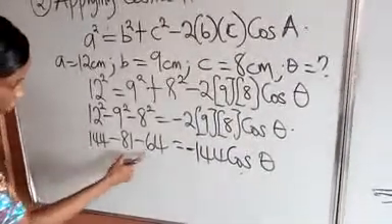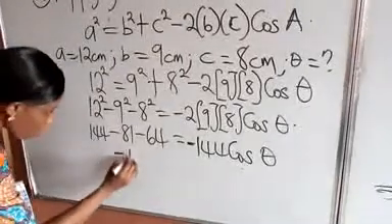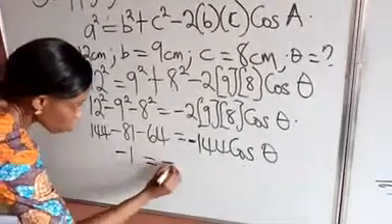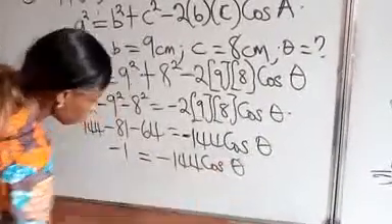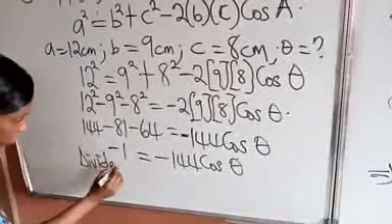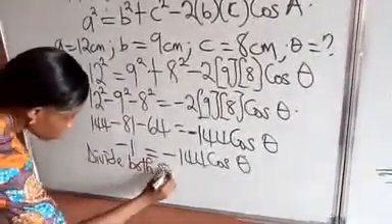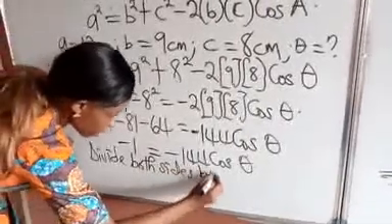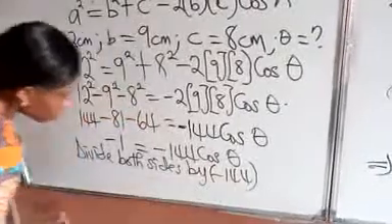144 minus 81 minus 64 is equal to minus 1. So I have minus 1 equal to minus 144 cosine theta. What do we do? Divide both sides by minus 144, the coefficient of cosine theta.